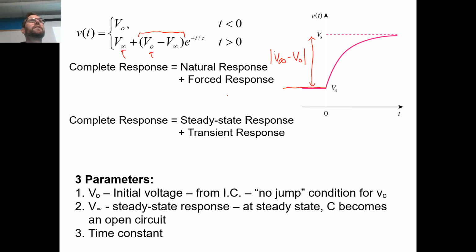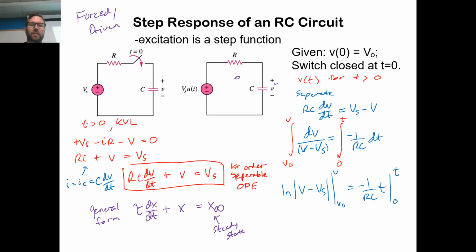You see that? So this could be 0, right? When the cap is initially uncharged, what you're going to get is this.